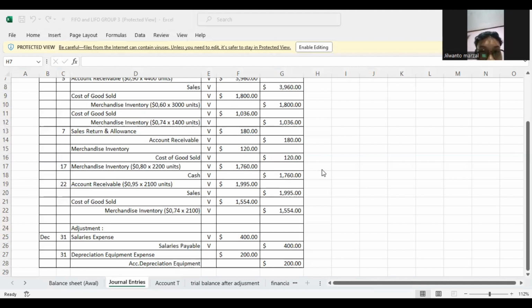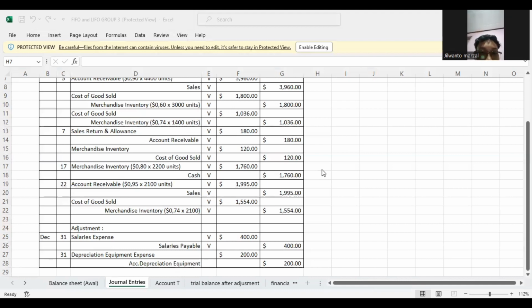So in this case, the journal will be sales return and allowance in debit $180, and accounts receivable in credit $180, because they return our sales, so our accounts receivable will be less. Then again we journal the cost of goods sold and inventory. Merchandise inventory in debit $120, and cost of goods sold in credit $120.